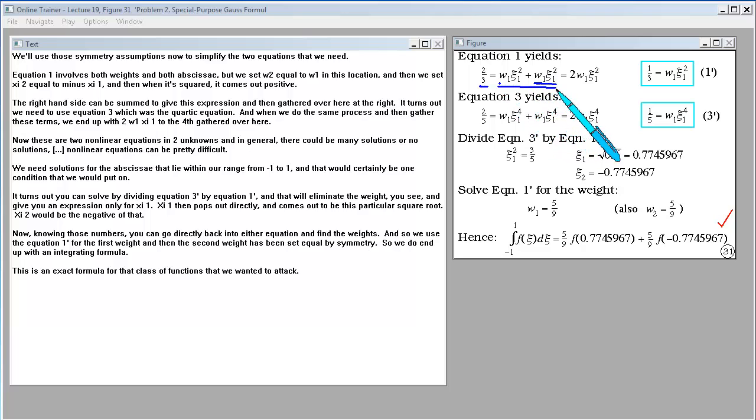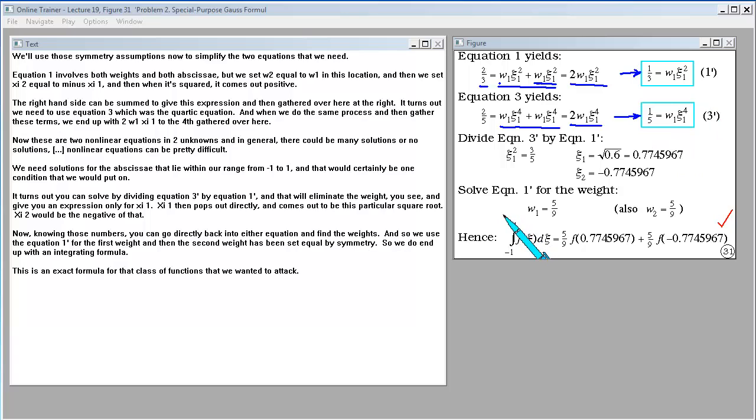The right hand side can be summed to give this expression, and then gathered over here at the right. It turns out we need to use equation 3, which was the quartic equation, and when we do the same process and then gather these terms, we end up with 2W1 C1 to the 4th gathered over here.